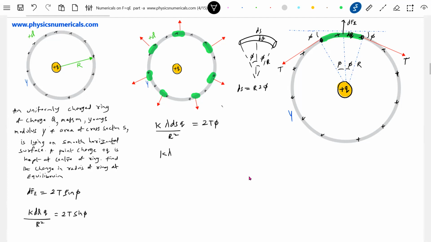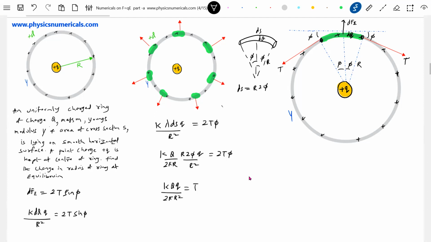So k lambda, where lambda you can write as Q by 2 pi r, ds is r 2 phi, and this is q by r square. So eliminating all, I'll end up with kQq, 2 pi, 1, r square into T.